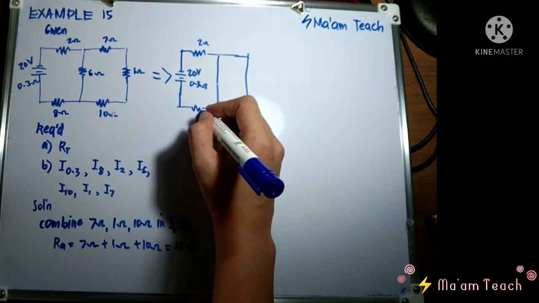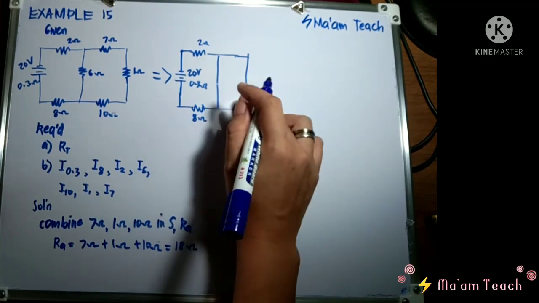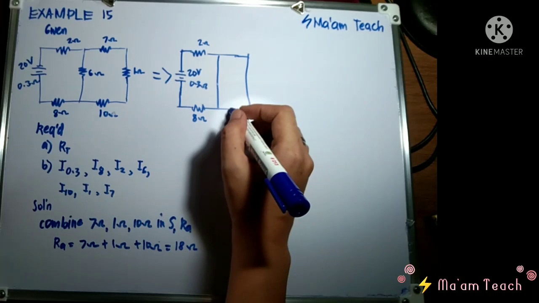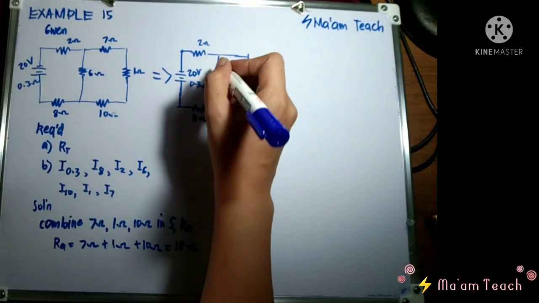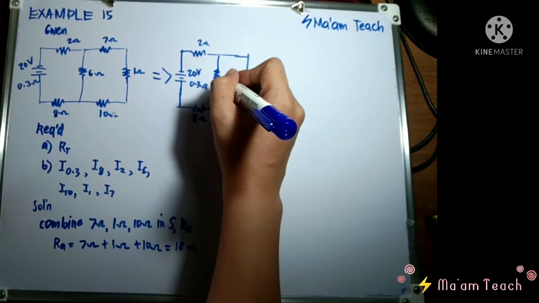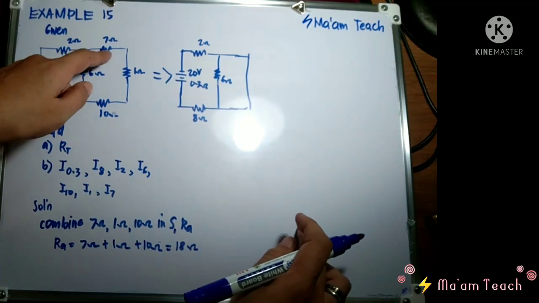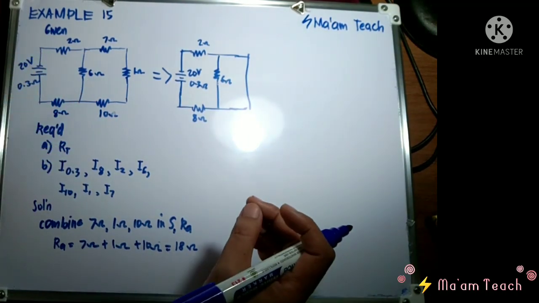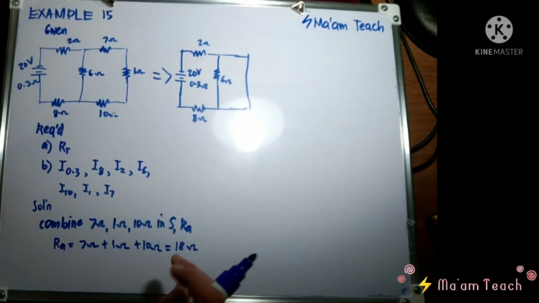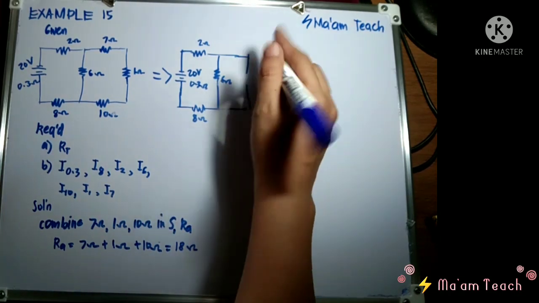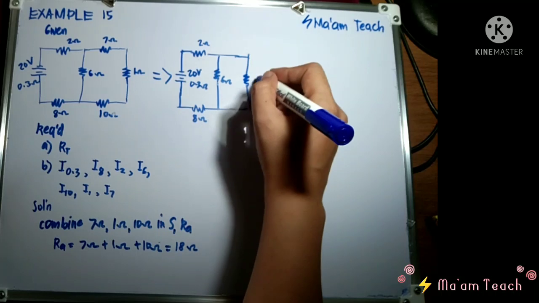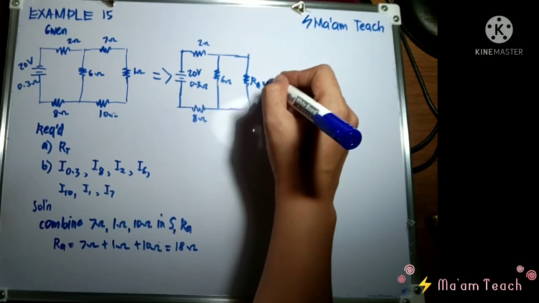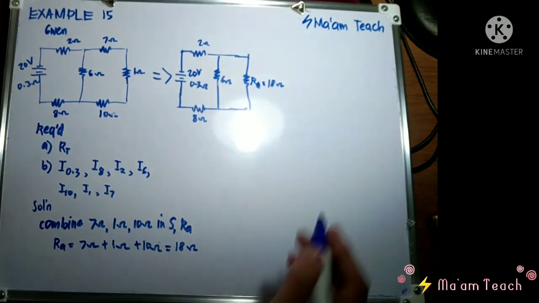We have here 8 ohms, and we have here 6 ohms. Like I have said, these 7, 1, and 10 are already combined, so of course they become one, which is this 18 ohms here. We will put it right here: our R sub A, which is equivalent to 18 ohms.